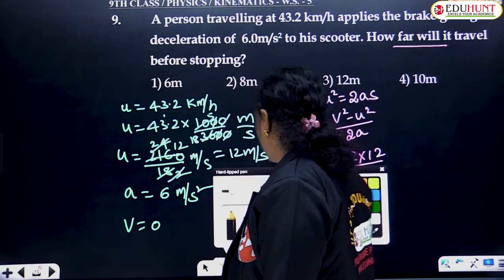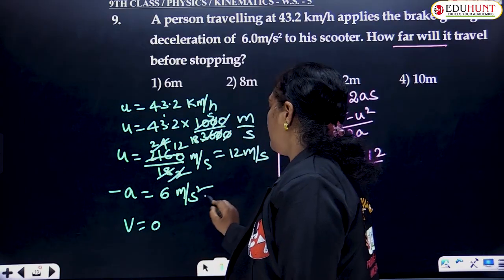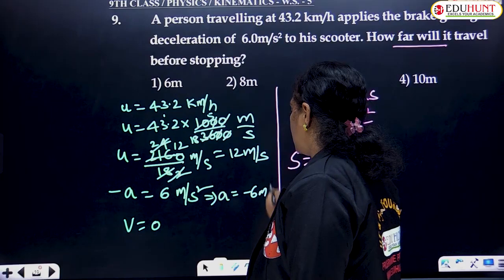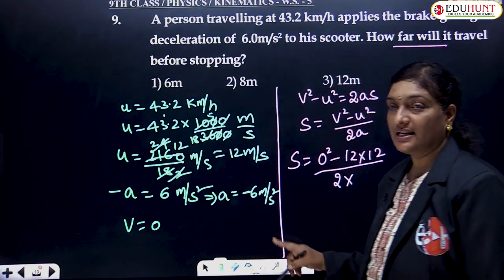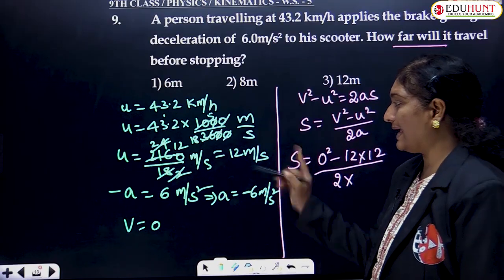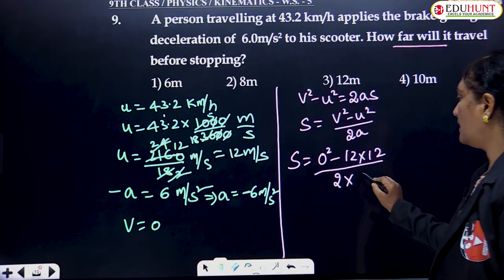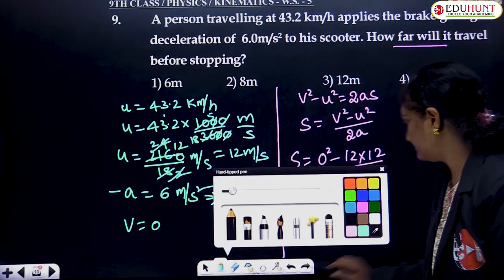Deceleration means instead of A, let me take it as minus A. If minus A equals 6 meter per second square, A will be minus 6 meter per second square. So note this down, children. Deceleration means minus A. Minus A was given as 6. So A will be minus 6.